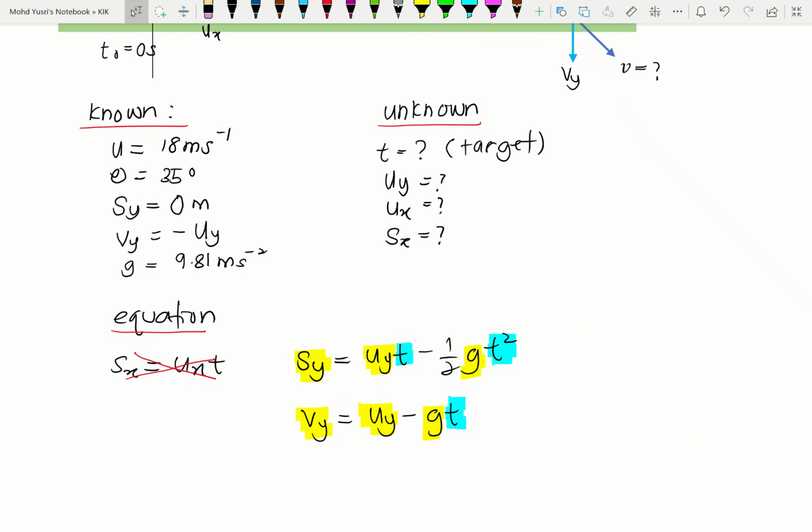The value of uy can be easily calculated by using the trigonometric equation uy equals u sine theta. So now we have two equations that can be used to solve the problem.